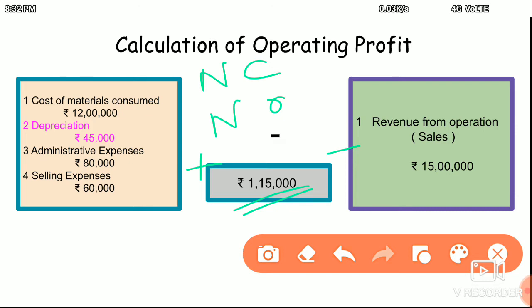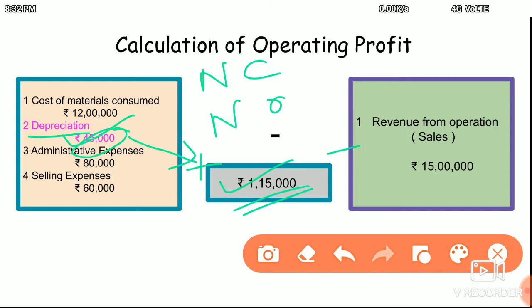For example, on the expenses side we see depreciation of 45,000. It has affected our net profit of 1,15,000. It has actually decreased our profit by 45,000. So we are going to add back this 45,000 to the net profit, because it has decreased the profit by 45,000.